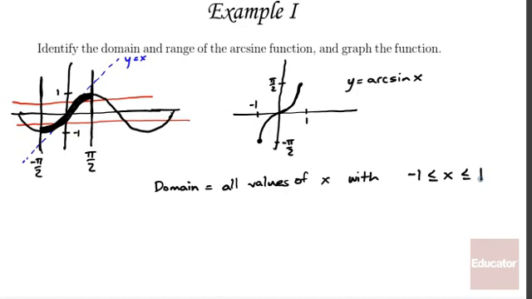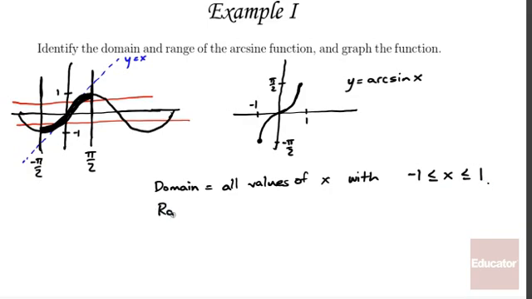We can't plug any other values of x into arcsine, and that's really because in the other direction, the only values that come out of the sine function are between negative 1 and 1. So the only values that you can plug into the arcsine function are between negative 1 and 1.